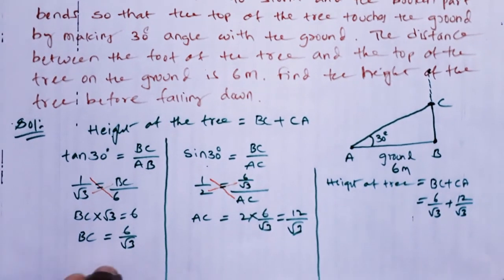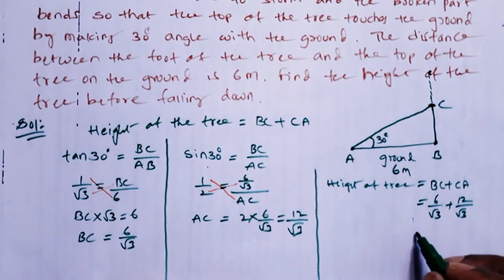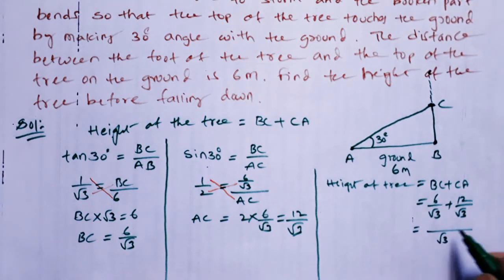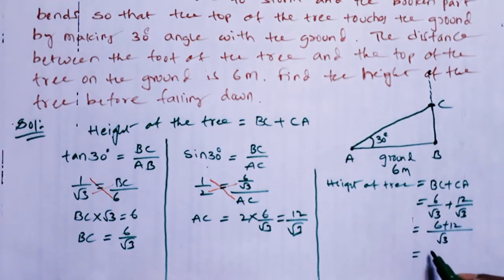Now we have to simplify this. Same denominator, so take root 3 as common. Add the numerators, 6 plus 12. We will get 18 by root 3.